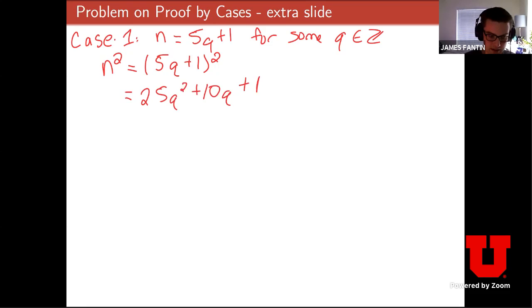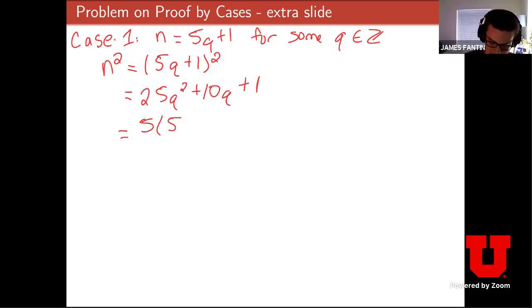And then remember, we want to prove that this is either of the form 5k plus 1 or 5k plus 4. So we want to factor out a 5 and have some remainder left. Here we've got the plus 1, so that's looking good. And we have this 25q squared plus 10q, so we can factor out a 5 here.